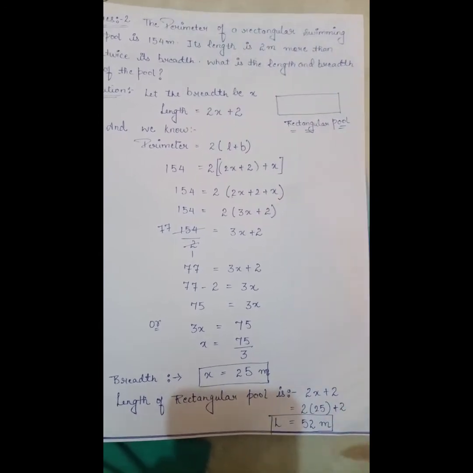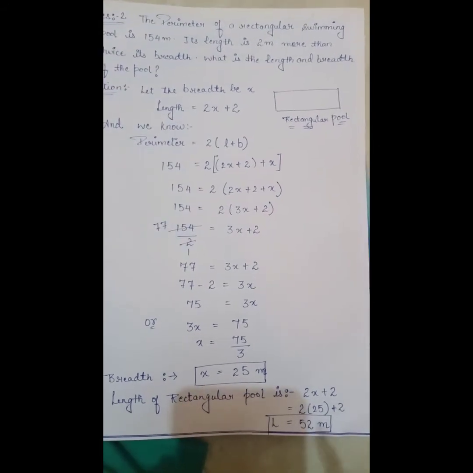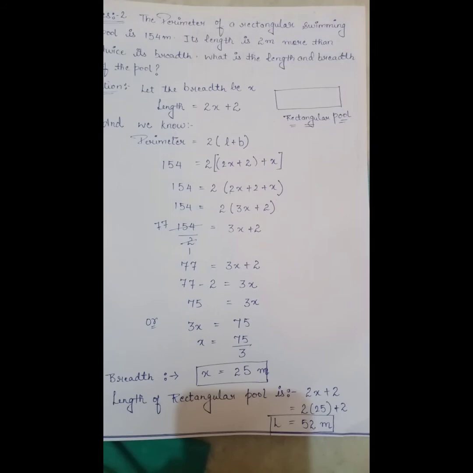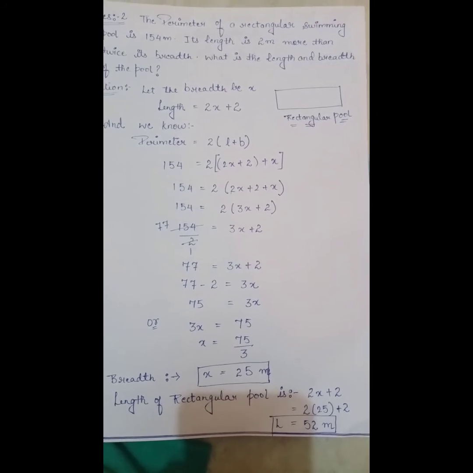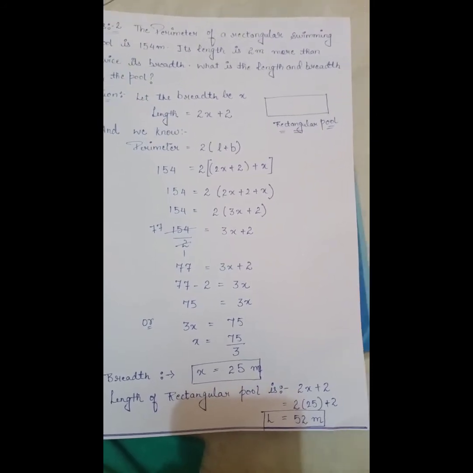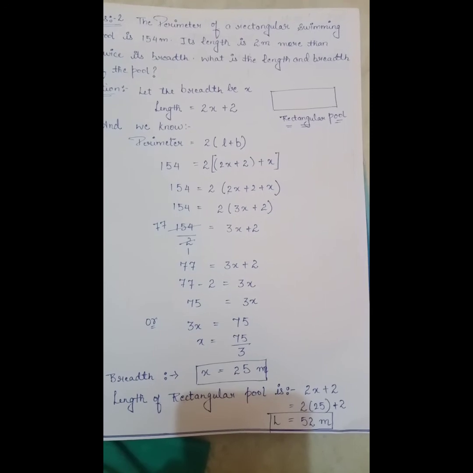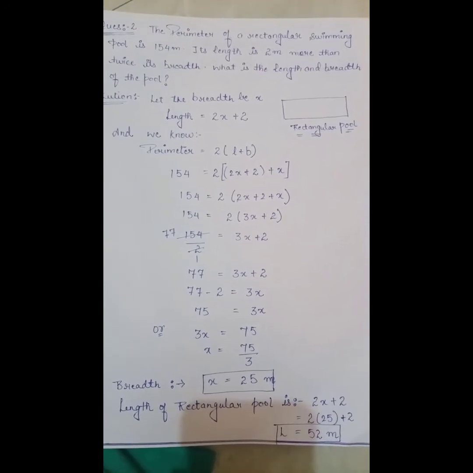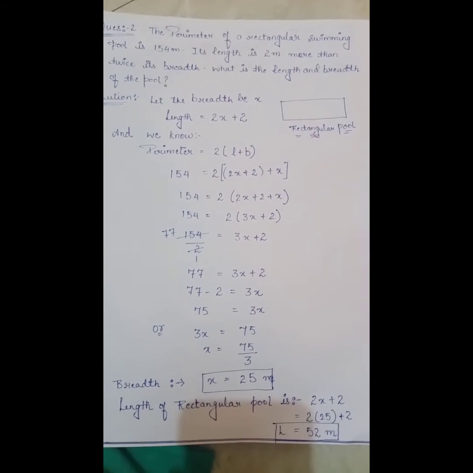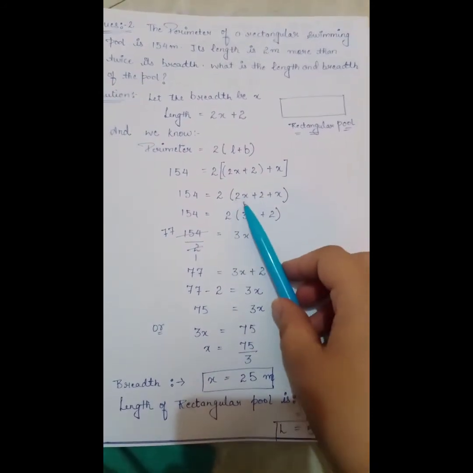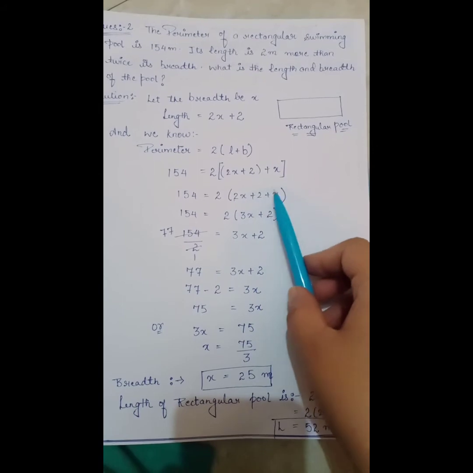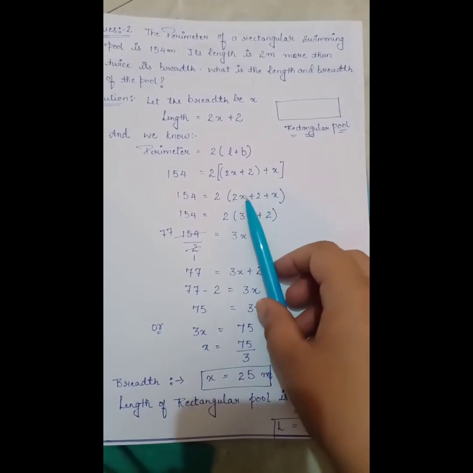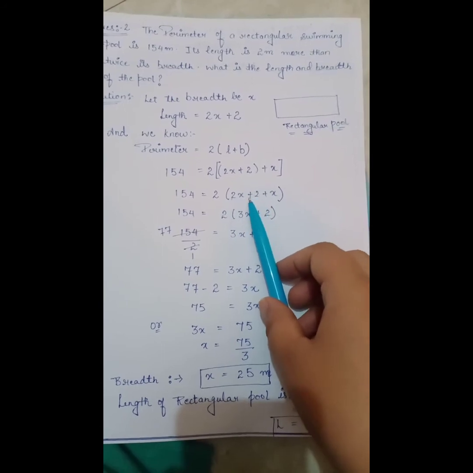Okay. Remember this: numbers with the same variable x can be added or subtracted. Other numbers are not allowed to be added with a variable term. Like if we have 2x and x, you can add these two terms. But 2x plus 2, it can't be added.